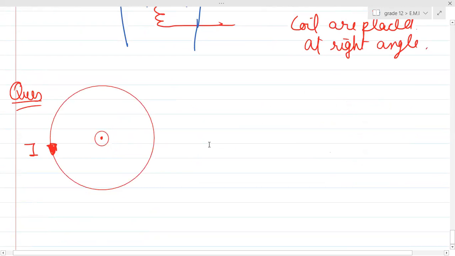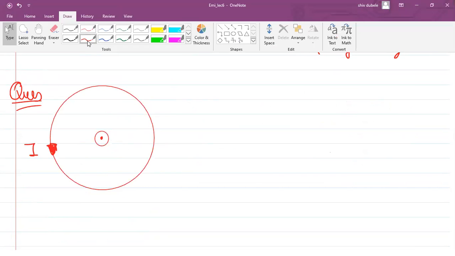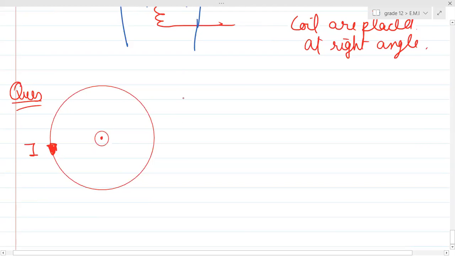Guys, can you see two concentric circular coils? The bigger one has a radius capital R, and the smaller one has a radius small r. R is way bigger than small r.